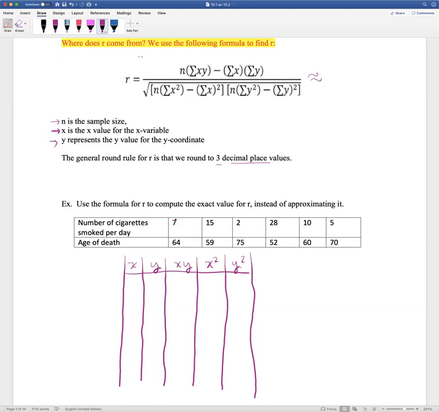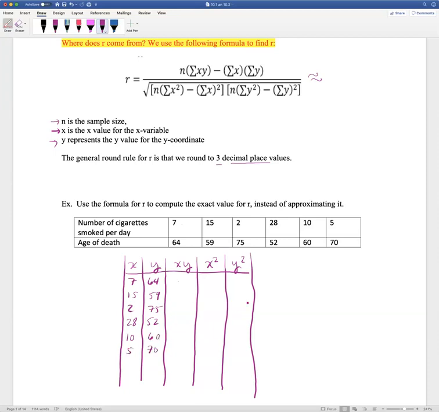Notice that this person who smoked 7 cigarettes per day died at the age of 64. You have to make sure that you pair 7 and 64 together. That becomes important for this step over here. This person smoked 15 cigarettes a day and died at 59. This person smoked 2 cigarettes a day and died at 75, then 28 and 52, 10 and 60, and then 5 and 70.